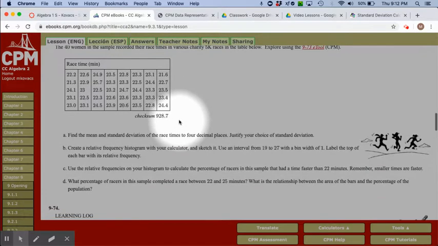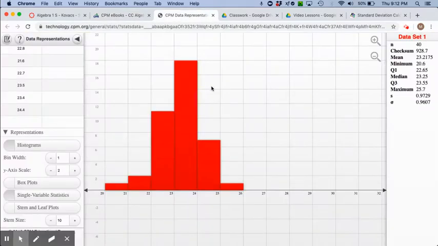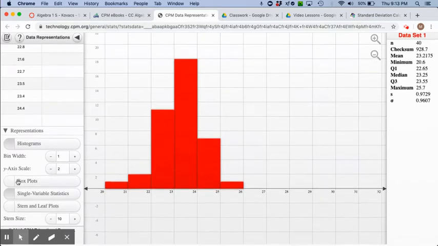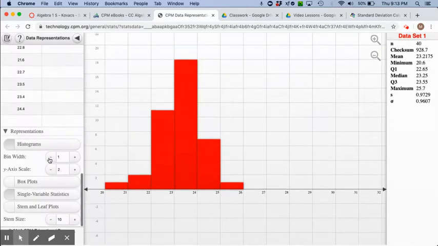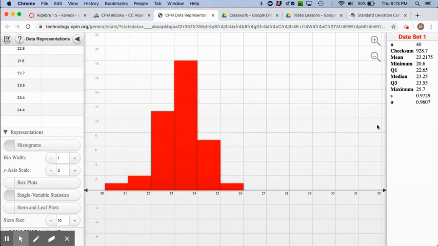So let's take a look at the e-tool. The e-tool came up super weird on my computer and I had to mess with it a little bit. So here's my messed with version that's a little bit easier to read. If you click on single variable statistics over here, and scroll all the way down, this lovely thing pops up in the top right where it tells you your standard deviation of the sample and of the population, right?